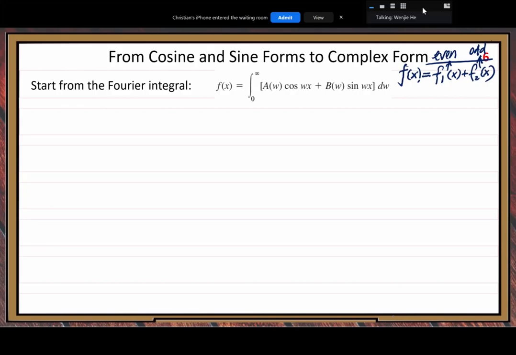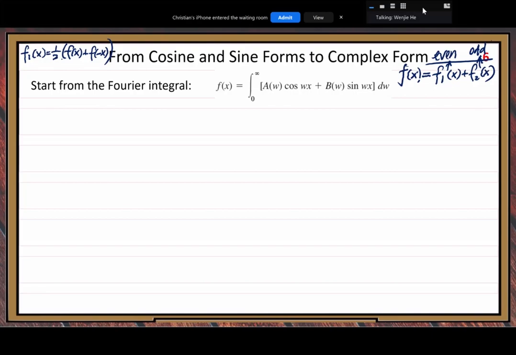For the f1 function, think about using one half of f of x plus f of negative x. Is it an even function? F of x plus f of negative x, divided by 2.